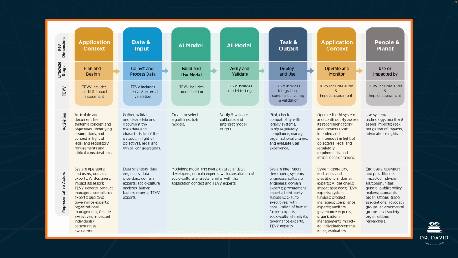So it is not going to marry well enough with what IAPP has put together. But I think that this is just a useful overview of the process. And certainly the actors involved, these different activities, these are all things that you're going to be involved in and content that you have or you will see throughout this course. It's just not going to be organized and chopped up in this particular way.